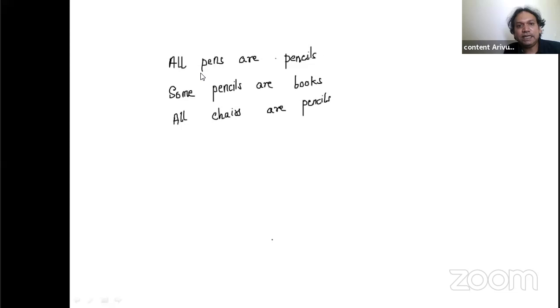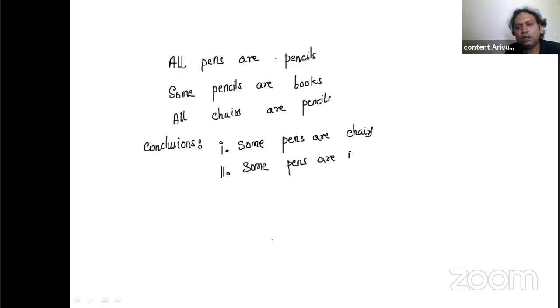So all pens are pencils, some pencils are books, all chairs are pencils. And let's look at the conclusions here. Conclusion number 1: some pens are chairs. Conclusion number 2: some pens are not chairs.